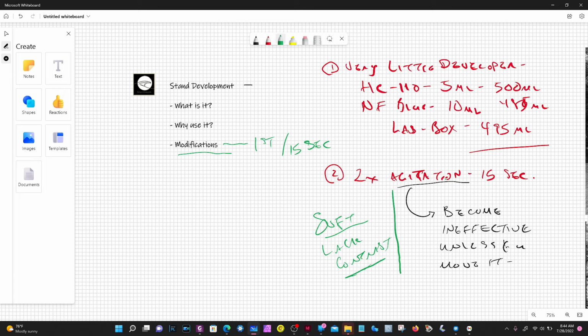I'll warn you that sitting there for an hour, rotating every 15 seconds in every minute can drive you absolutely batty.